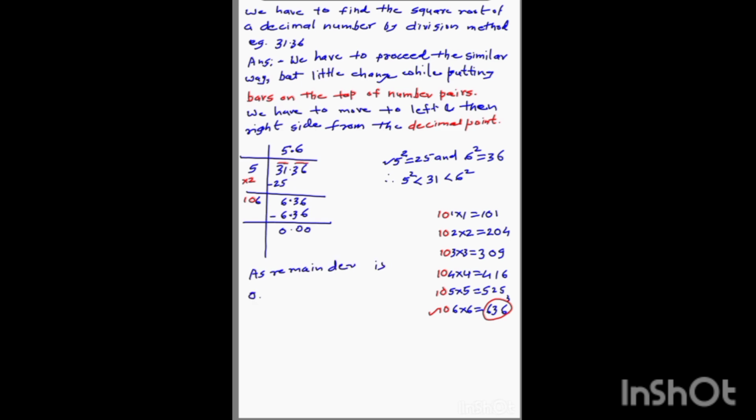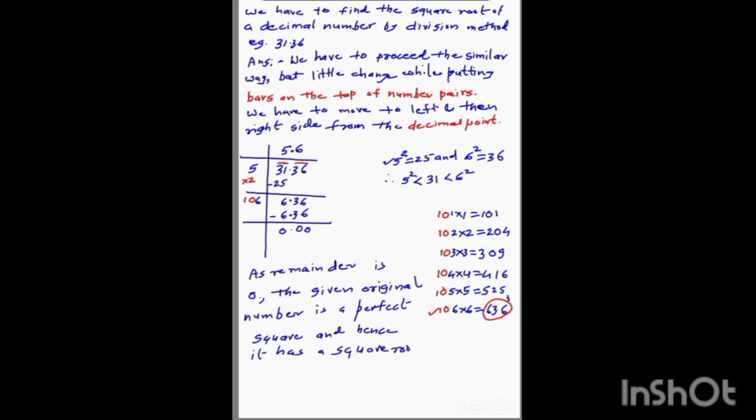So let us put it in a proper sentence: as the remainder is 0, the given original number, that is 31.36, is a perfect square, and therefore the square root of 31.36 exists, and we are trying to write the actual answer.